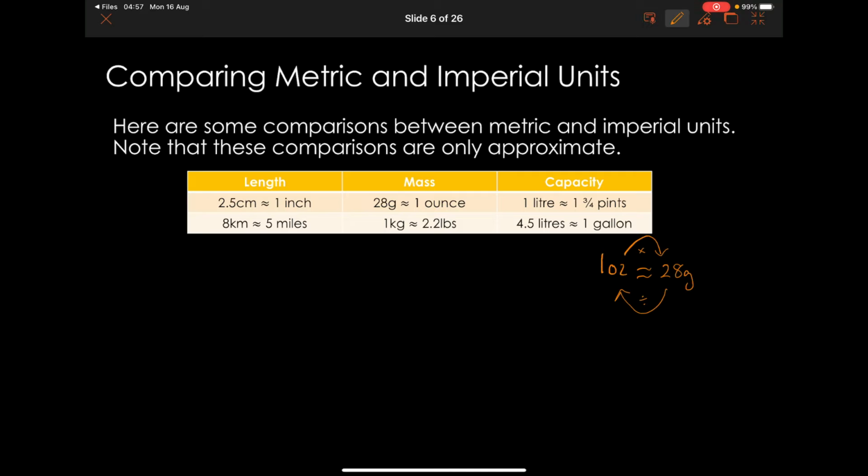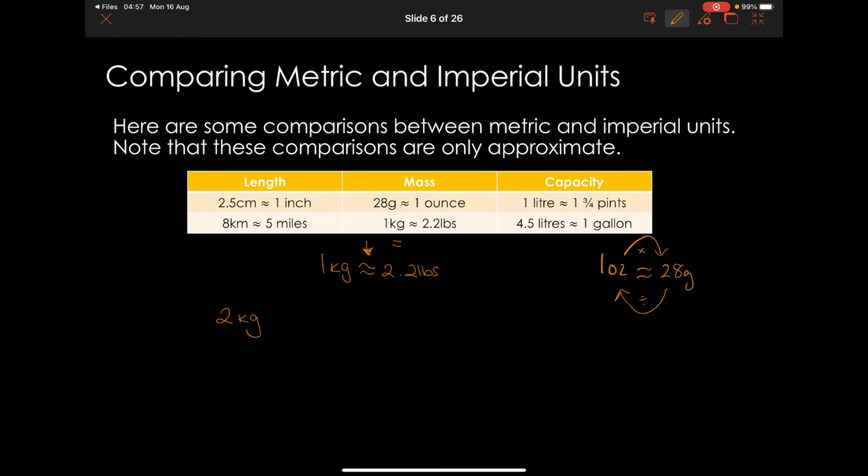The same here, 1 kg equals roughly 2.2 pounds. This is why I'm using this symbol rather than the equals sign, because it's an approximation. So let's say I wanted to know what 2 kilograms was.